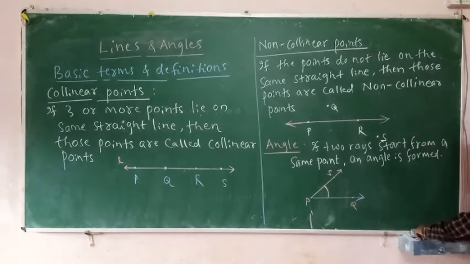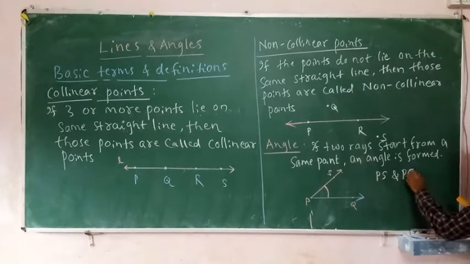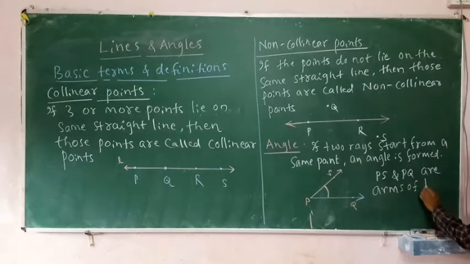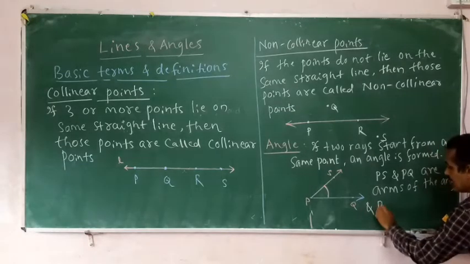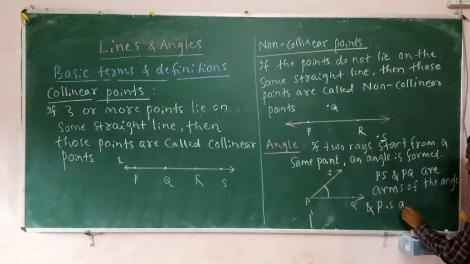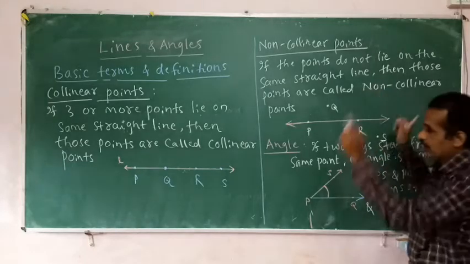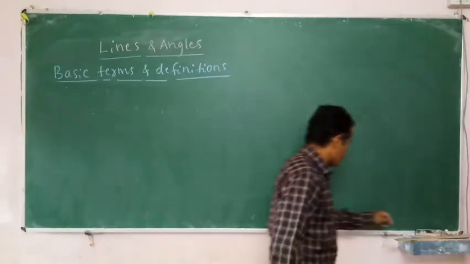I will write here: PS and PQ are arms of the angle, and P is the vertex. Note all these things. Let's go for a few more definitions.